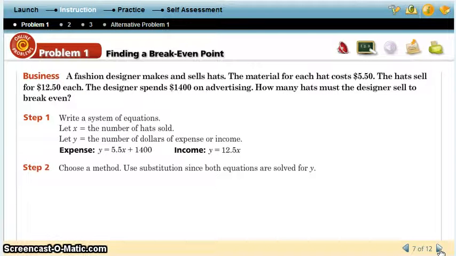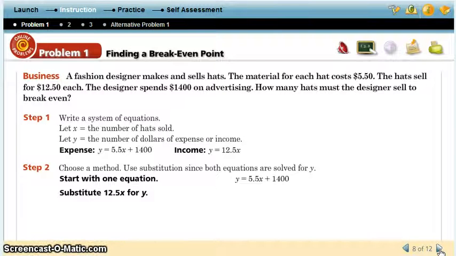Step 2. Choose a method. Use substitution since both equations are solved for y. Start with one equation. Substitute 12 5/10 x for y.